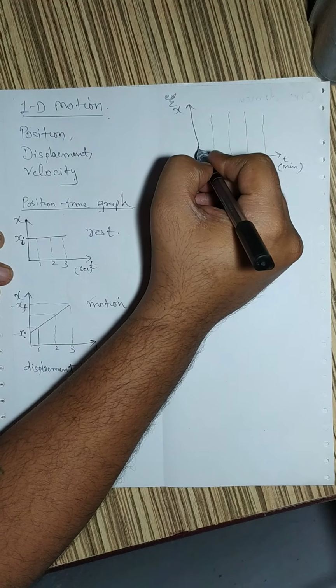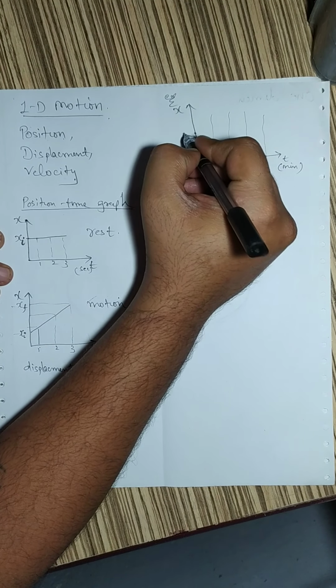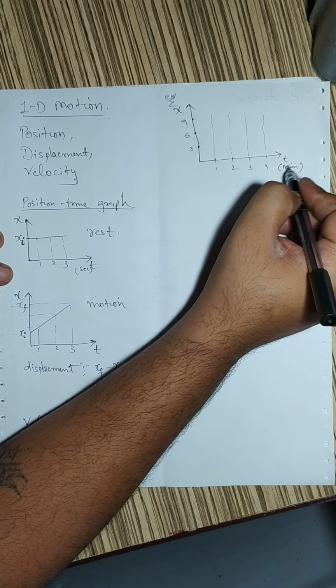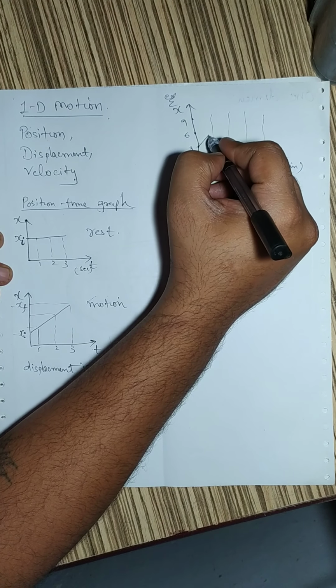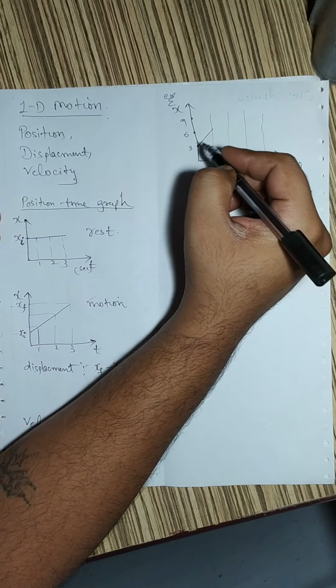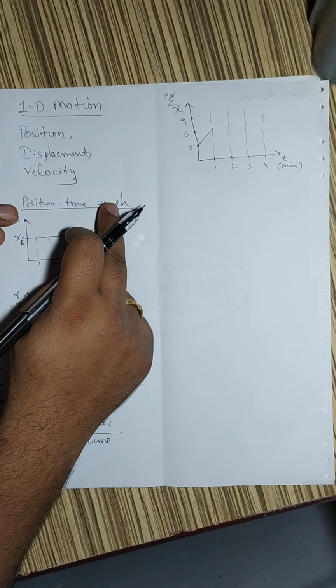Let's say the body is at some position 3, right? And in 1 minute it comes to its new position 6. This is just a question we are discussing for the position time graph.